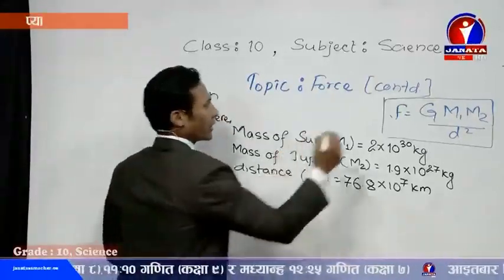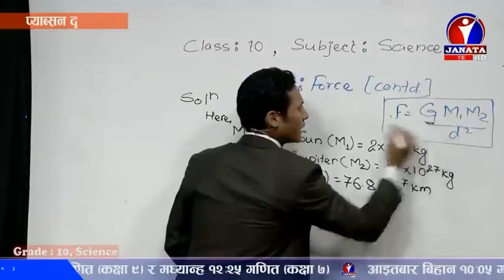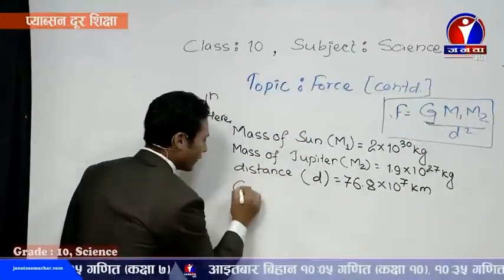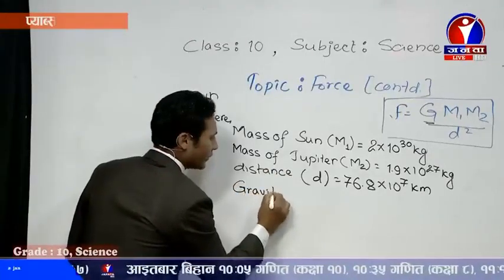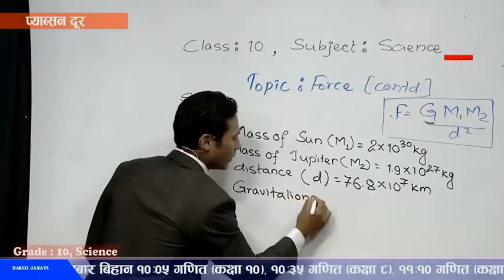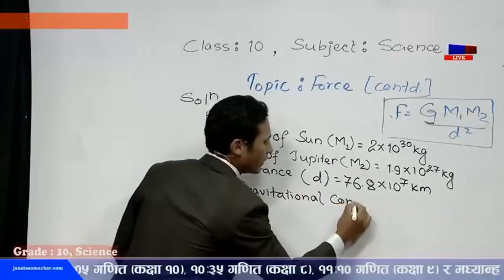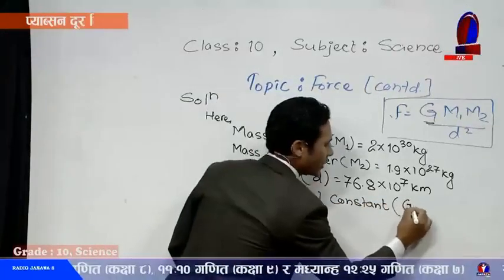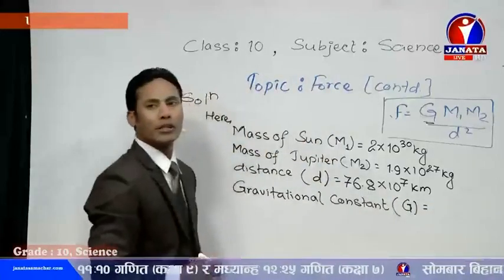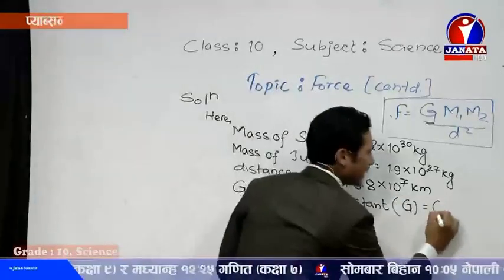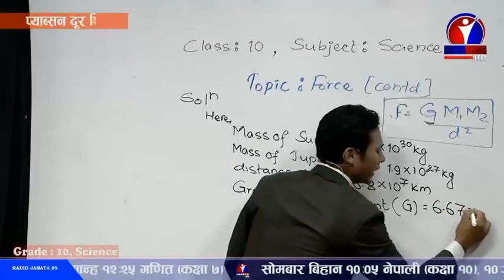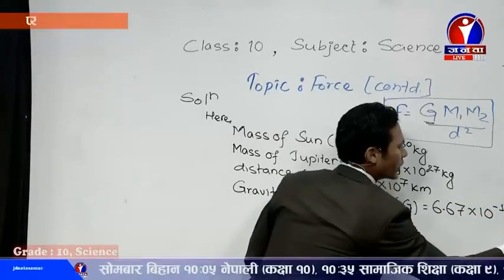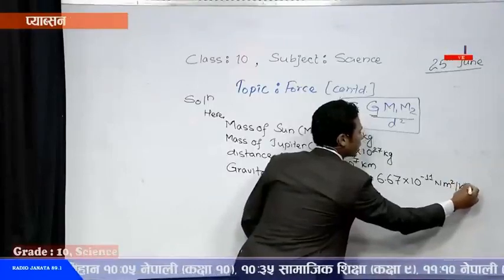One more piece of information: G also we have. Let's write down G, the gravitational constant. The symbol is capital G. The value we have discussed previously, that is 6.67 into 10 to the power minus 11 Newton meter square per kg square.